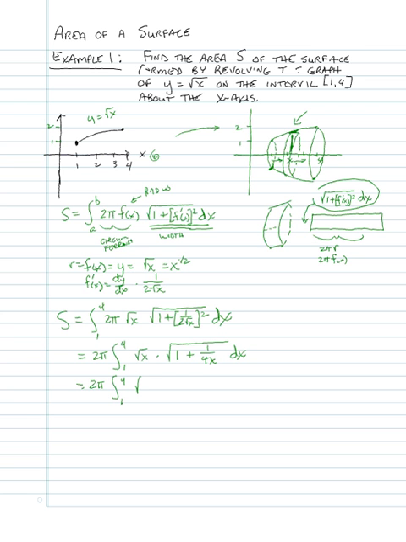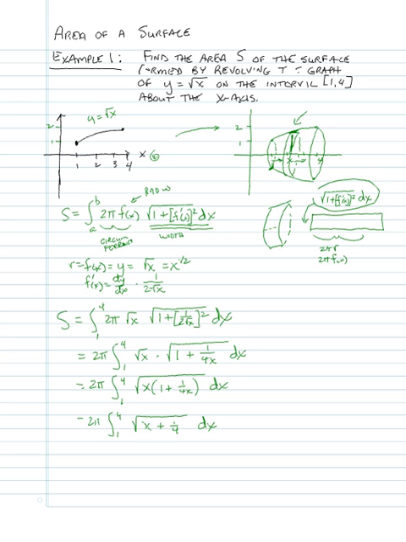So this is the square root of the radicand x times the radicand 1 plus 1 over 4x. And that'll simplify. Now we have 2 pi times the integral from 1 to 4 of the square root of x plus 1/4 with respect to x. And we ought to be able to handle that.